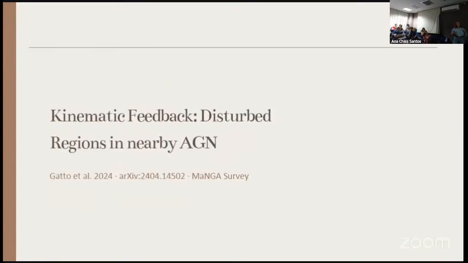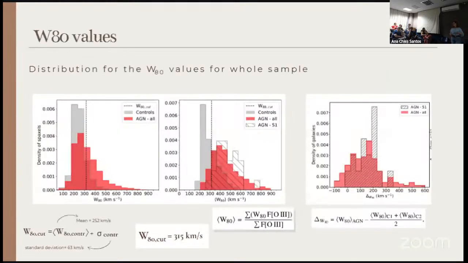Now I will talk about the disturbed region of these nearby AGN, taking the same sample. We measure the W80 for this AGN in red and the controls in gray. You can see that in the AGN we have more disturbed gas compared to the controls.